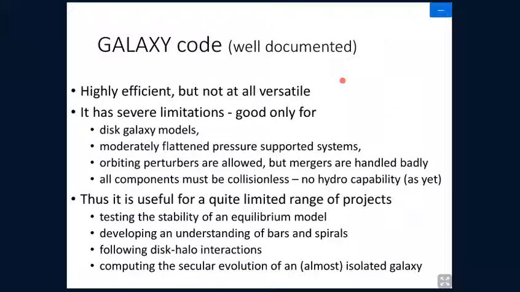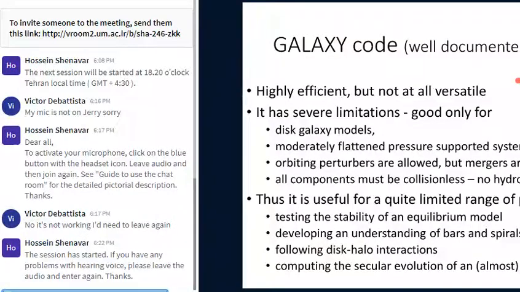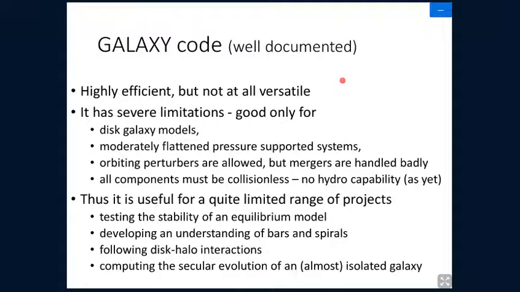That's my speciality. It will allow you to include moderately flattened pressure supported systems. You can allow for orbiting perturbers or embedded black holes or things like that, but it's not very good for handling mergers. If you want to have interactions between two galaxies, it's not really the best code to use. You'll have to use something less efficient.